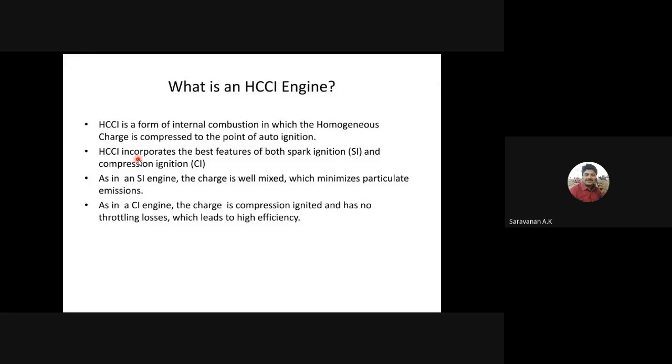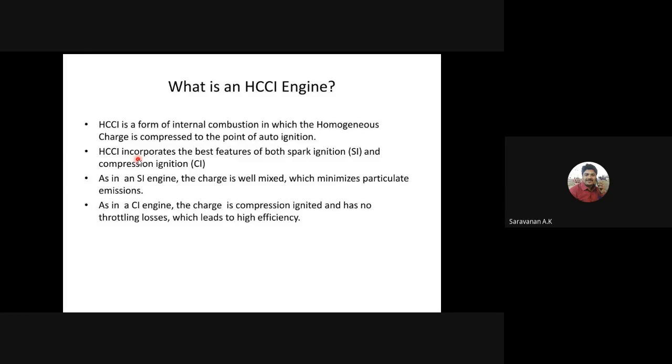The HCCI engine incorporates the best features of both SI engines and CI engines. Like an SI engine, the charge is well mixed with minimized particulate emissions, and like a CI engine, it is compression ignited and has no throttling losses.